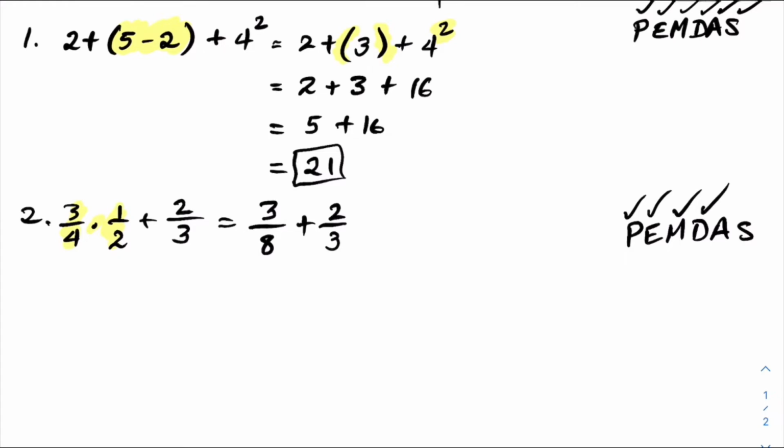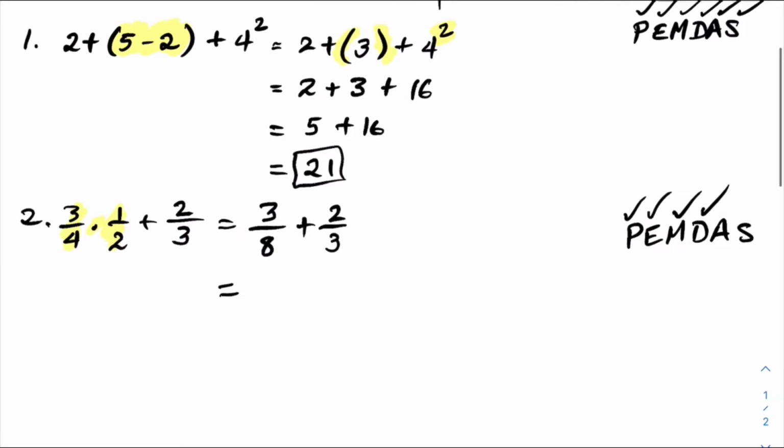Yes, addition. So in addition here, we have to find a common denominator. So the closest common denominator would be 24. So your common denominator is 24.